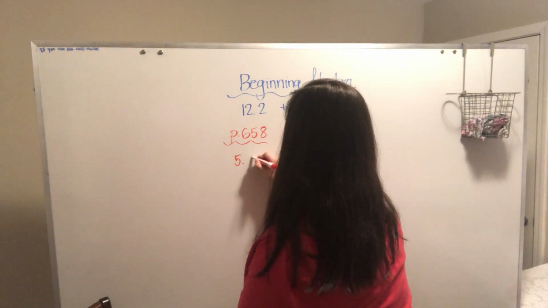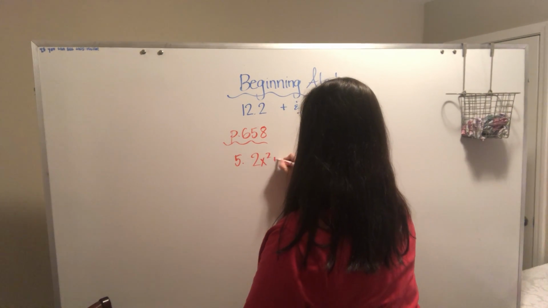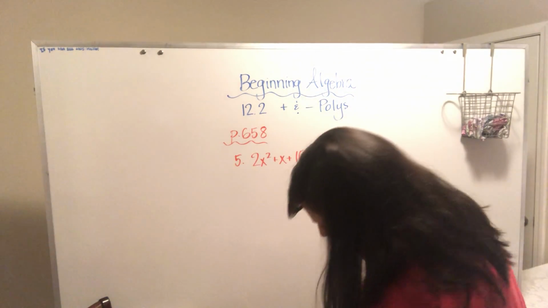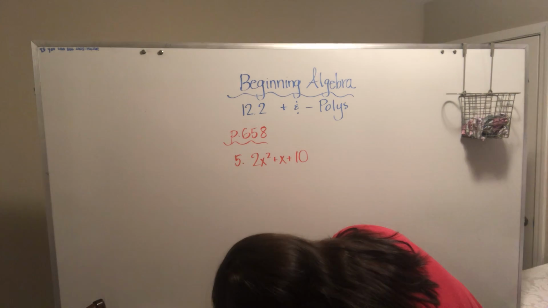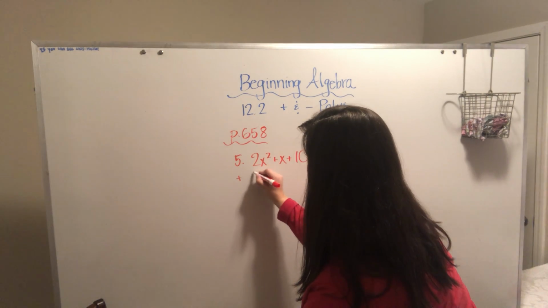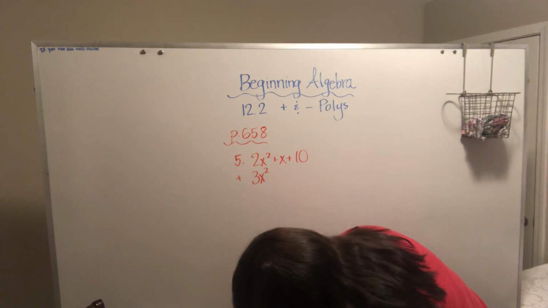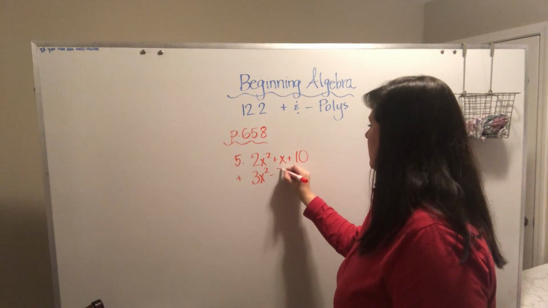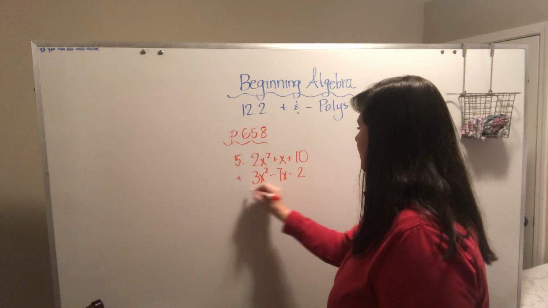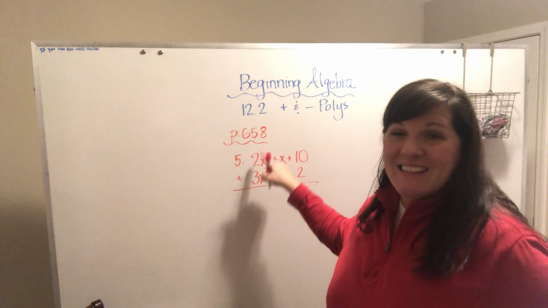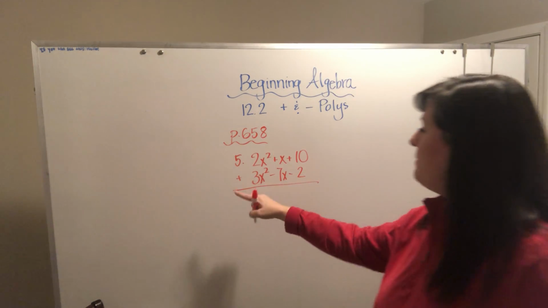2x squared plus x plus 10. And notice we're adding the next set, which is 3x squared. So I'm going to put my addition here. 3x squared, like terms I'm lining up, minus 7x minus 2. All right. The important thing is to line up your terms properly and to keep your sign.